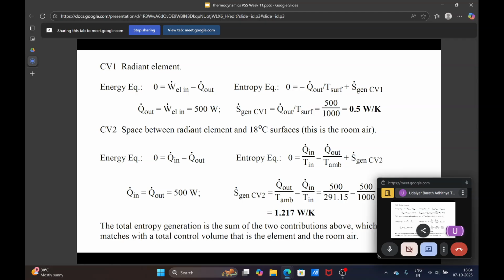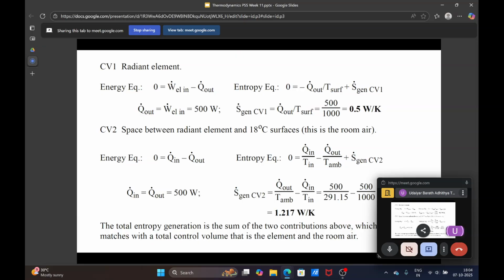First we'll put a control volume across the lamp, because we need to find out where this entropy generation is happening. We'll put an energy balance across the lamp first. What is coming in is your electricity, which is a form of work. Because it's steady state and the temperature is constant throughout, there is no change in internal energy of the system, so it will be 0, and what is going out is the heat which is being radiated.